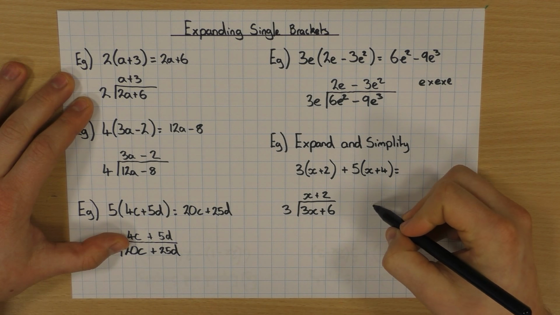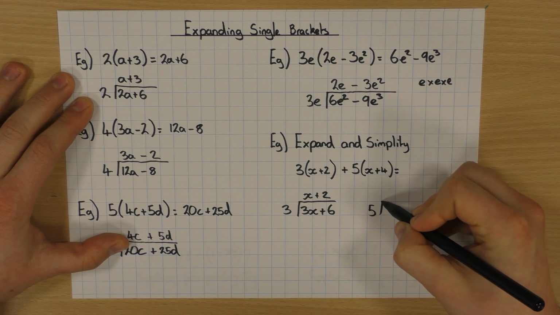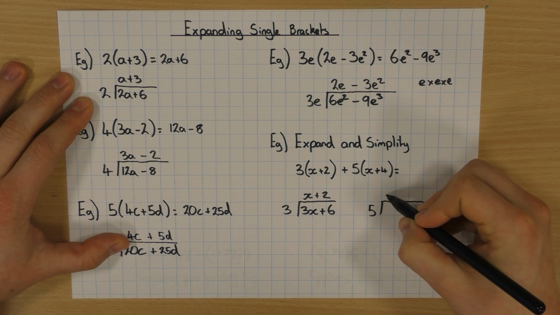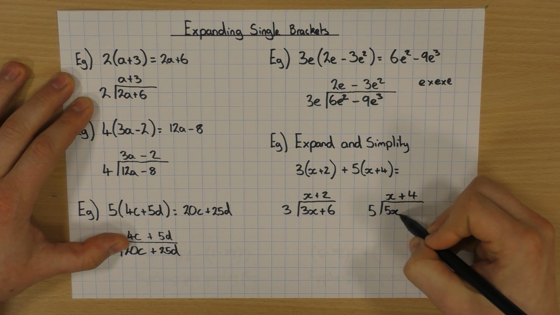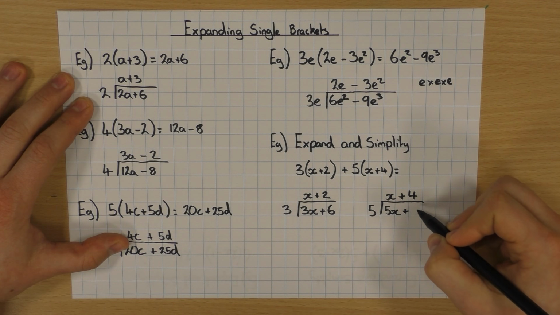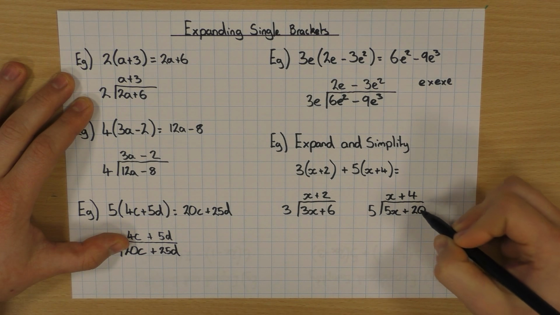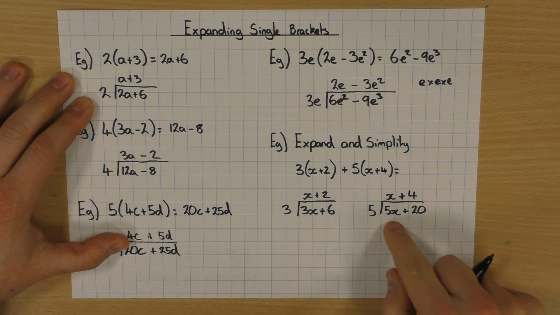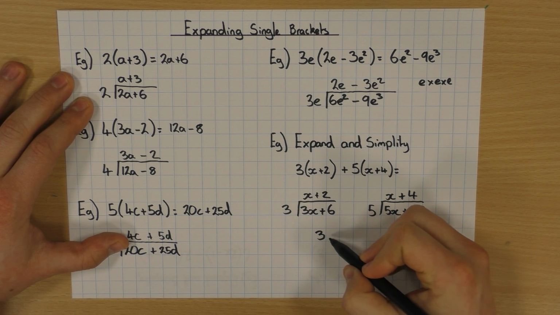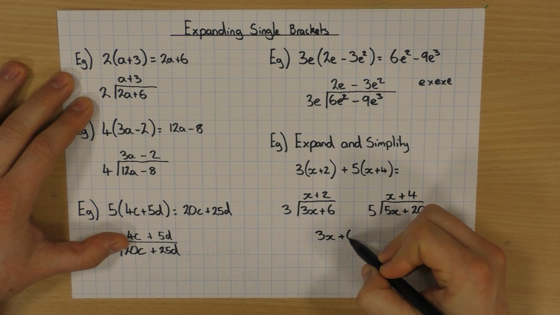Next one here, 5, and there's my grid, x plus 4 inside the brackets, 5 times x, 5x, 5 times 4 is 20. Okay, so there's the expansion bit. We now need to simplify. We need to put these two bits together. So let's actually just write it out before I simplify it, just so you can see.